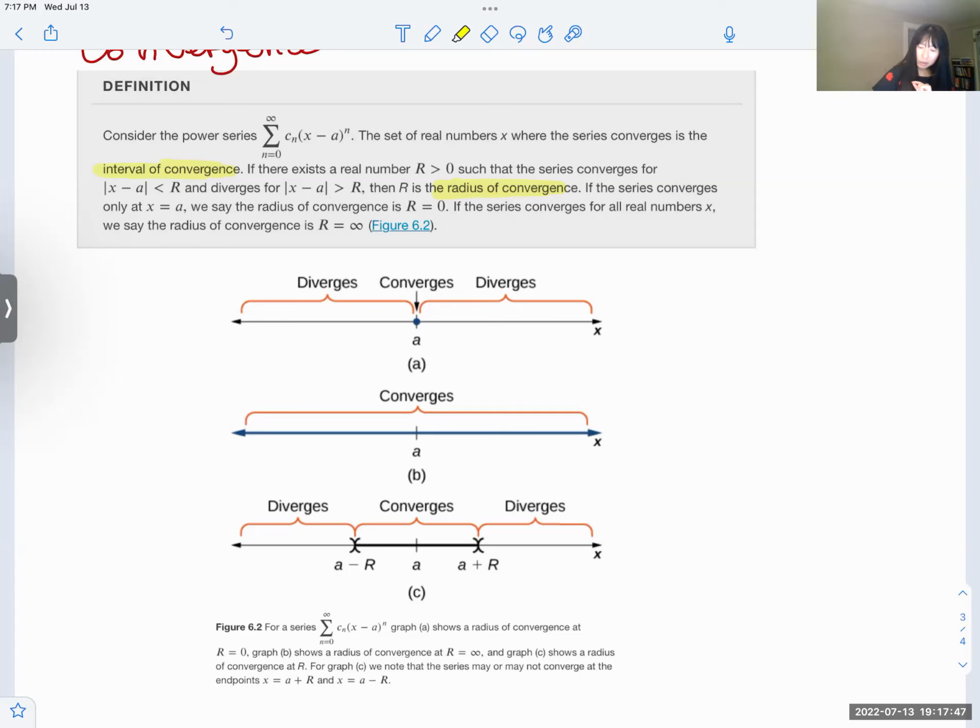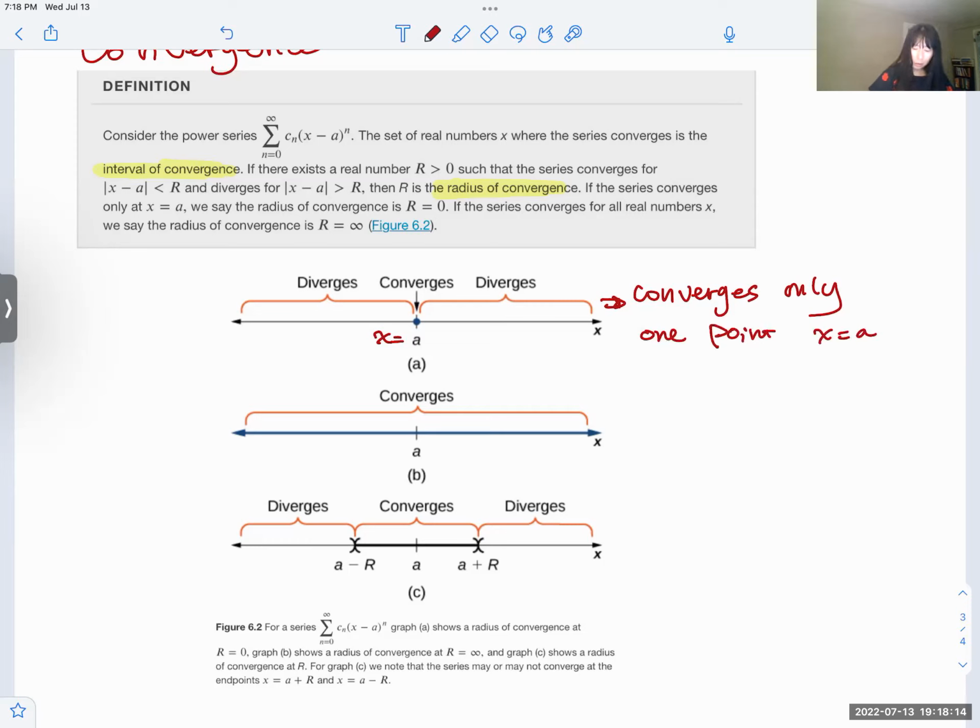So in that picture, the series converges at only one point, in this case x equal to a.